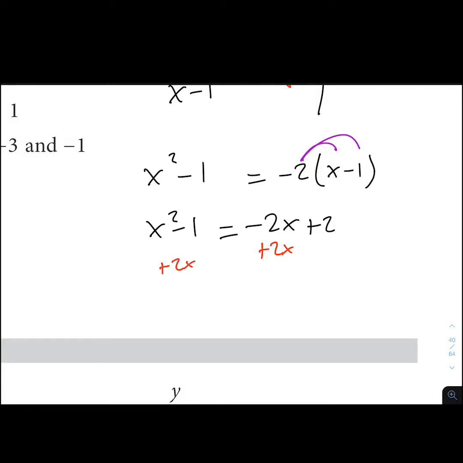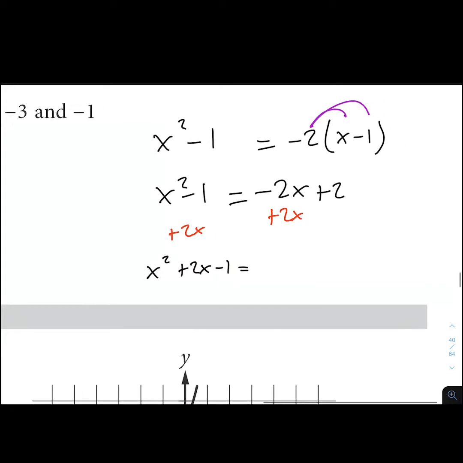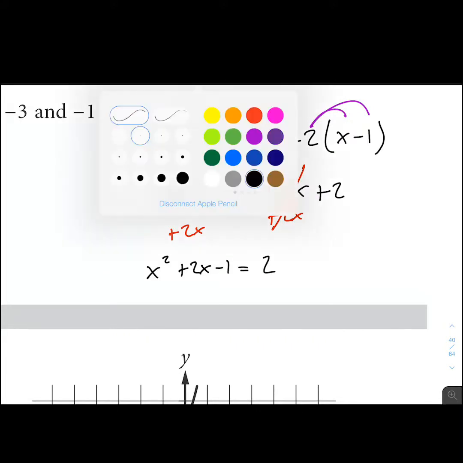My biggest thing here is as long as you know the math. On this left side, x squared minus 1 plus 2x, I can't combine any of those, so just bring it all down. The right side now, the negative 2x plus a positive 2x is just 0. I'm left with just a 2.